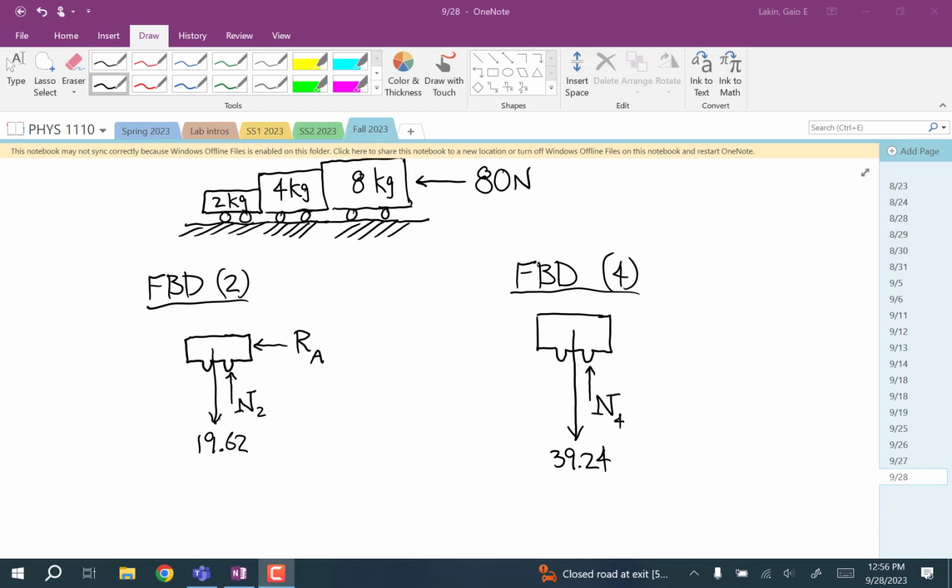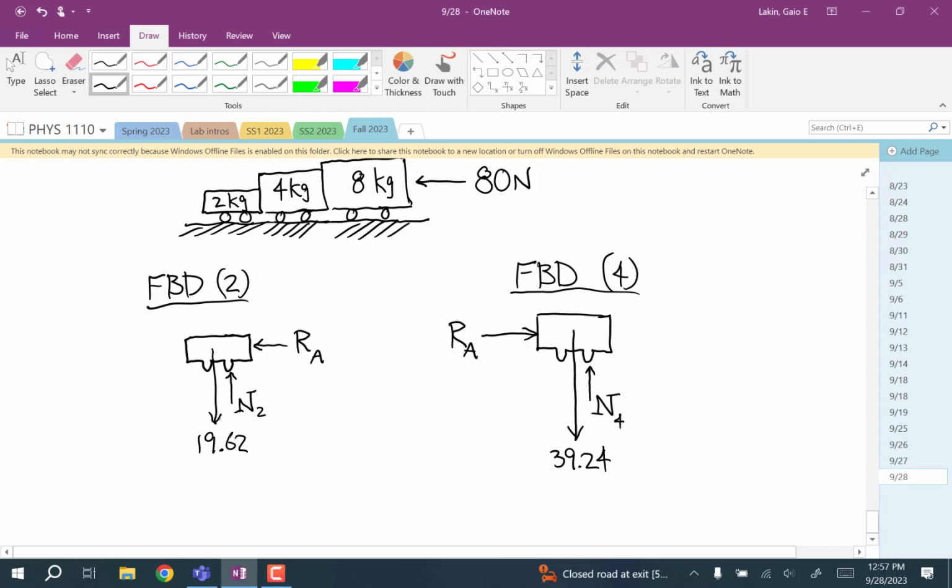Okay, so now we have to think about the horizontal forces. Is the 80 Newton force acting on the 4 kilogram cart? No. The 2 kilogram is pushing on it. So over here, there's a force. Do we know the name that we have to use for that variable, or is it a new variable? Yep, that has to be RA, perfect.